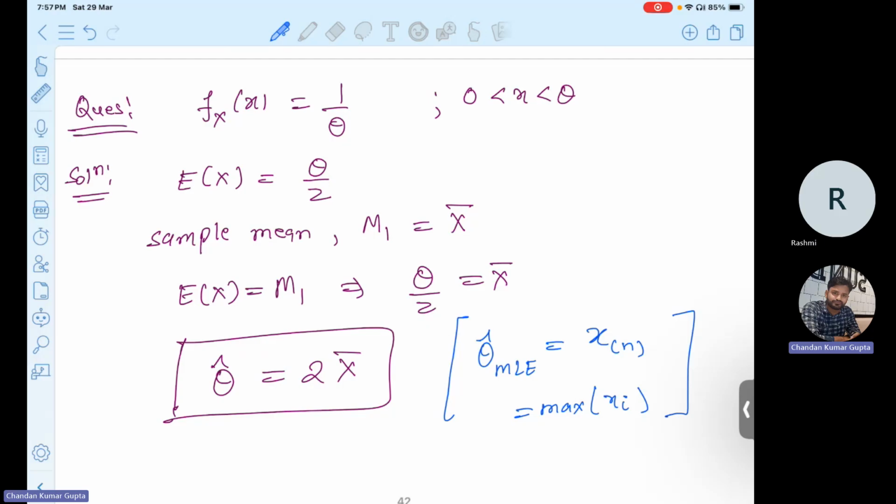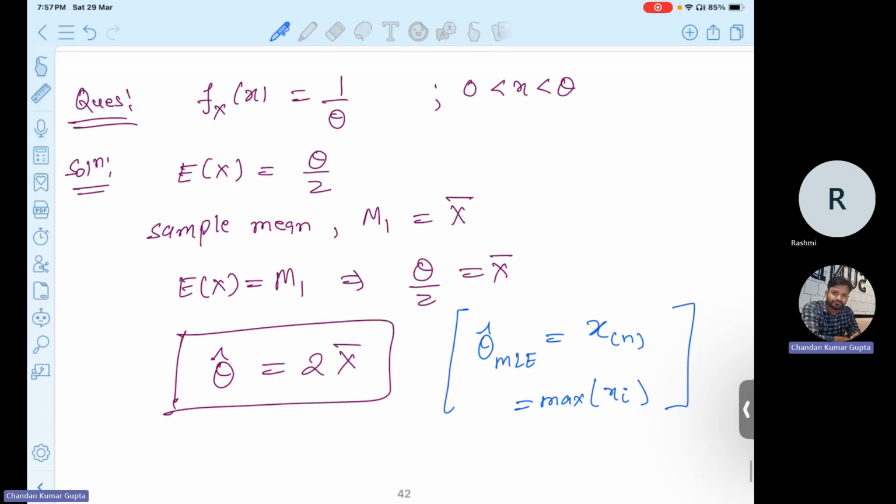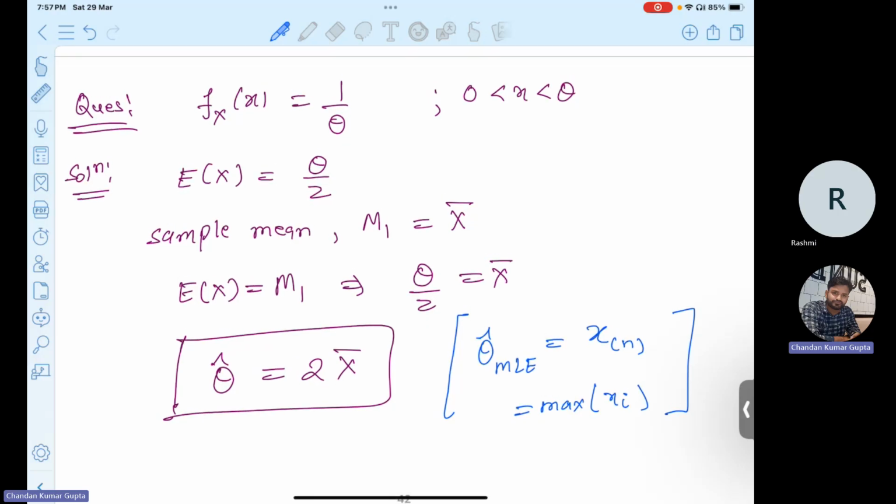If X is uniform on alpha to beta, then the first order and second order population moments are calculated, and the first and second order sample moments are also calculated. We equate them and solve for the two parameters to get the moment estimators.